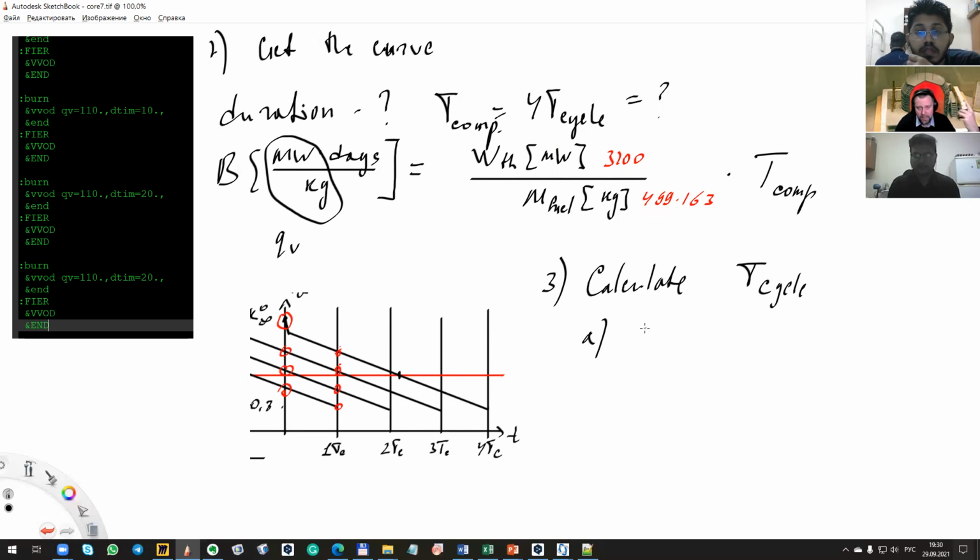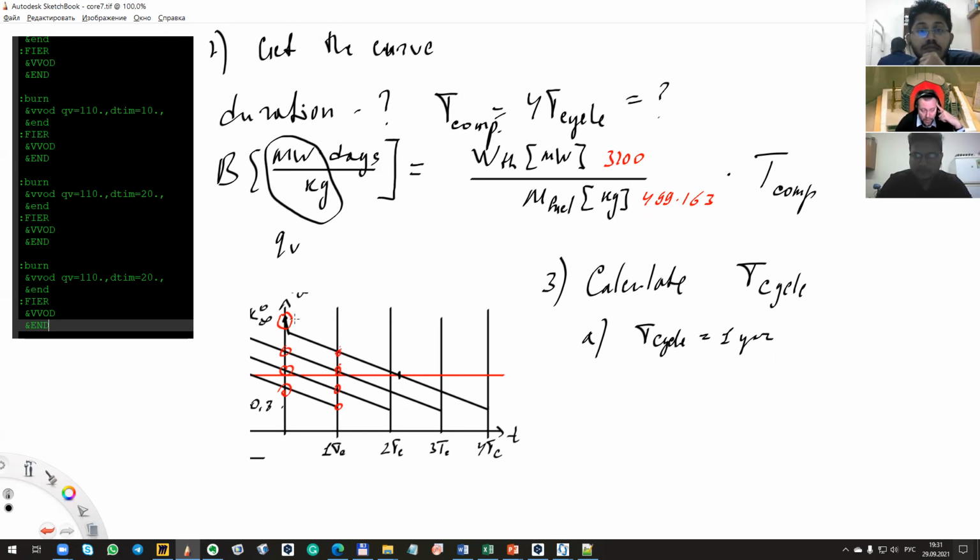For example, start from time of cycle is 1 year. Try to build this curve for 1 year, 1 year, for 4 years.